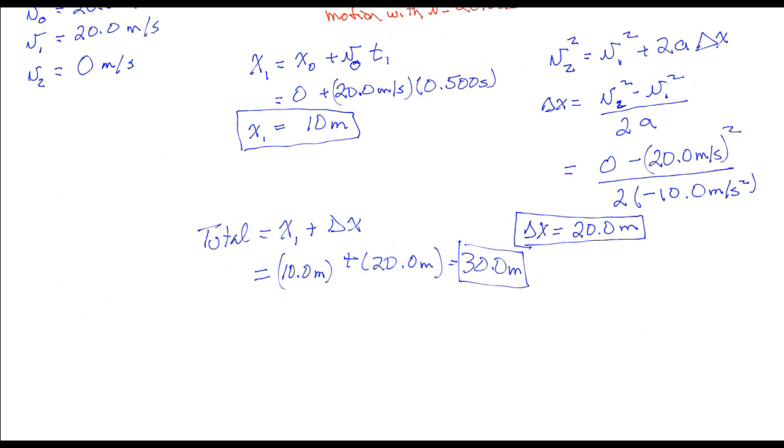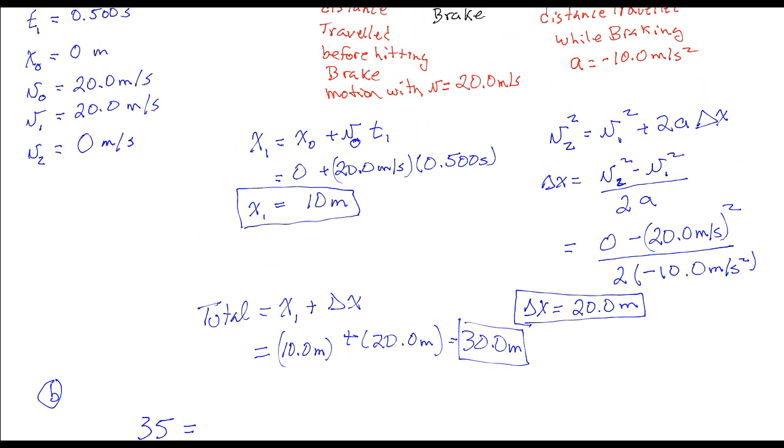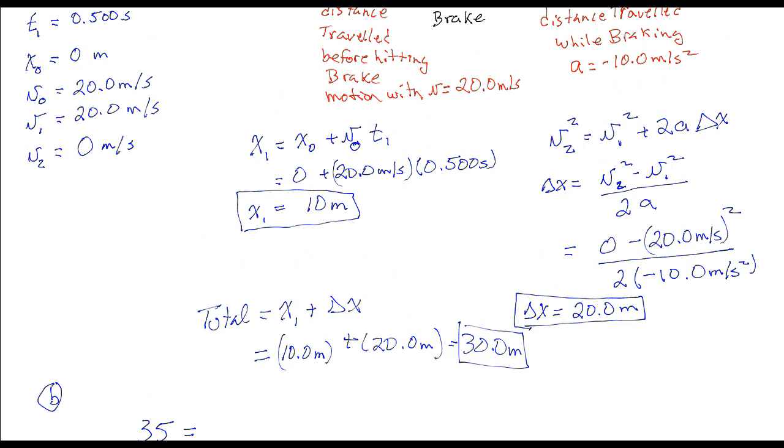So the question is, what's the fastest we can go initially so that we don't hit Bambi? Alright, so that's part B. The way to approach this is to know that we want our final position to be 35. We can go back to the equations we have previously. We know the first bit of distance is given by this equation here.